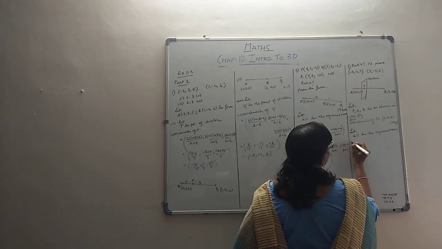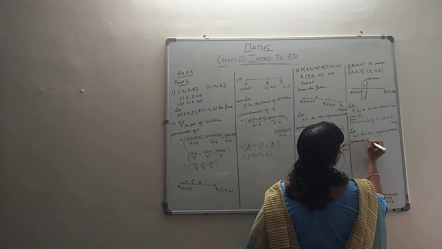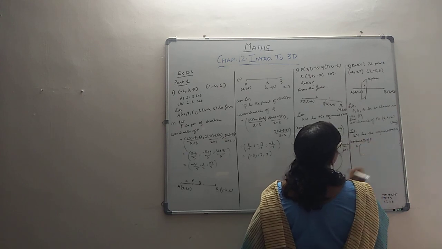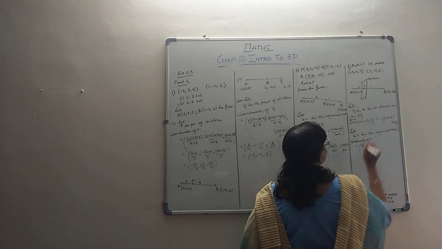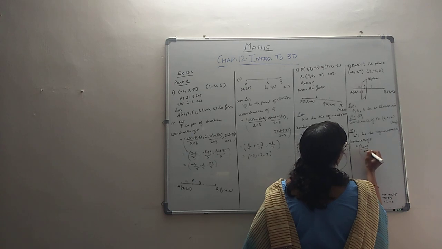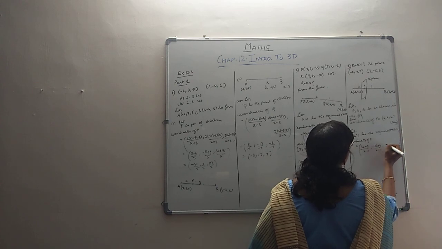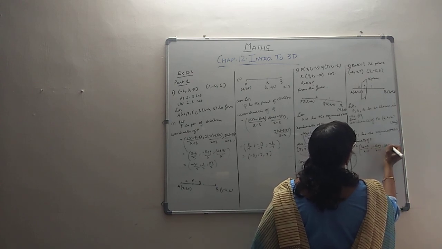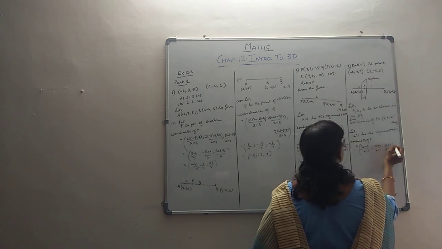Now, coordinates of P by formula, since this is in the ratio k is to 1, will be (3k minus 2) by (k plus 1), (-5k plus 4) by (k plus 1), (8k plus 7) by (k plus 1).